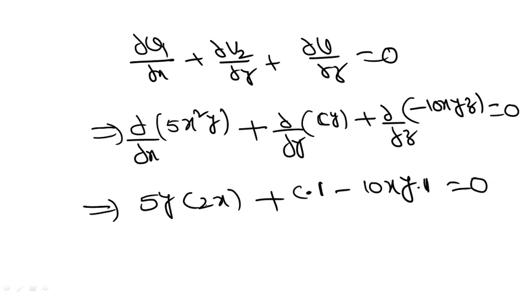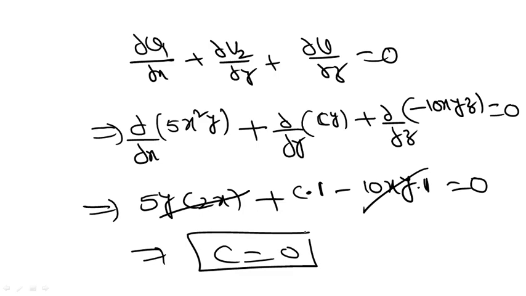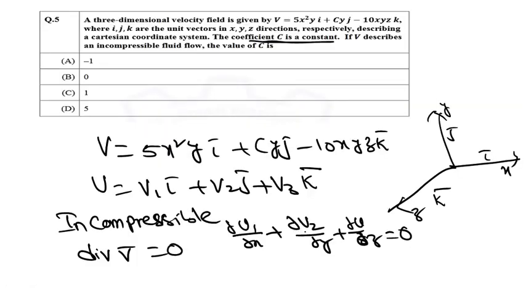So this is 5 into 2 into xy, that is 10xy, and this is minus 10xy. So c will be 0. So what we get? c will be 0. B is the correct answer. So that we can solve very easily.